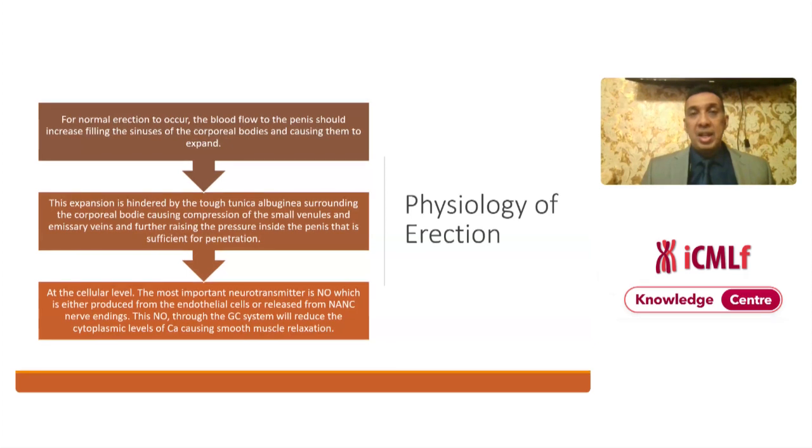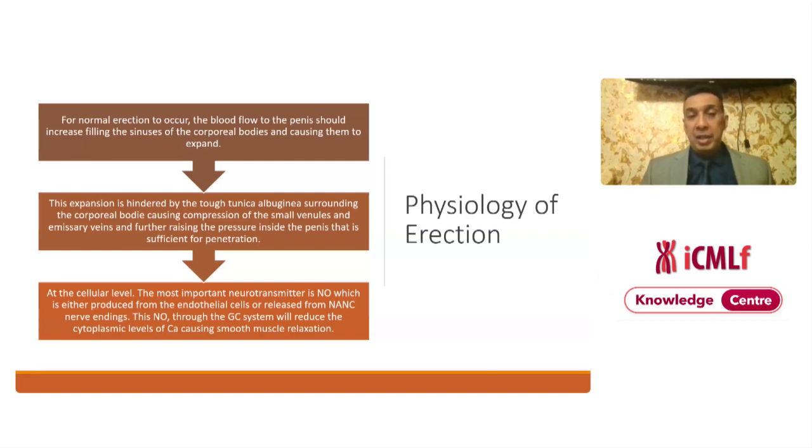For a normal erection to occur, the blood flow to the penis should increase, filling the sinuses of the corporal bodies and causing them to expand. This expansion is hindered by the tough tunica albuginea surrounding the corporal body, causing compression of the small venules and emissary veins and further raising the pressure inside the penis, sufficient for penetration.